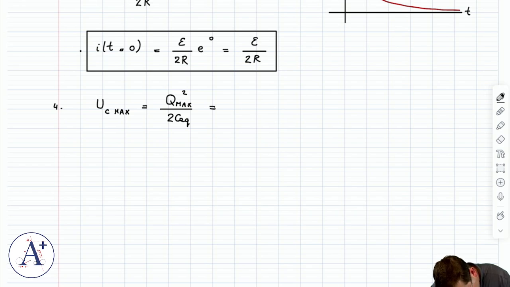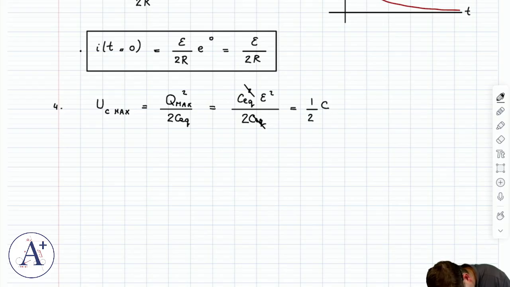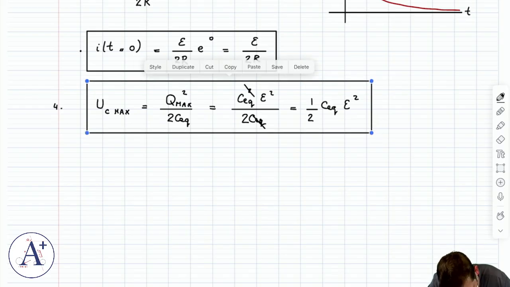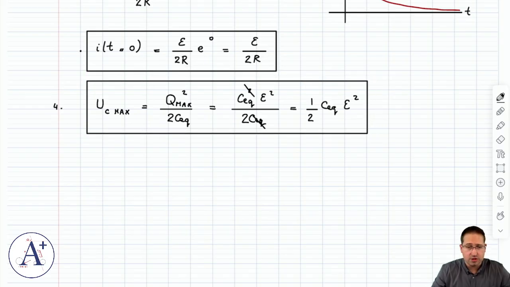So this is going to be C equivalent squared epsilon squared divided by 2 C equivalent, which is 1/2 C equivalent epsilon squared. And you could plug in C equivalent as 2C, which is probably what I would do, except that the question literally says express it in terms of C equivalent, so there you go.